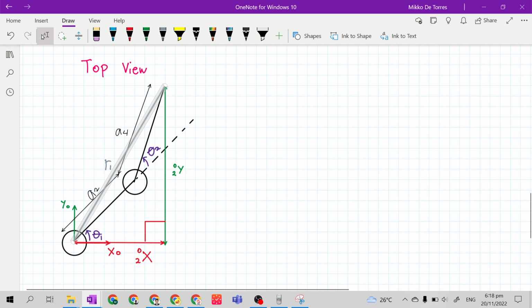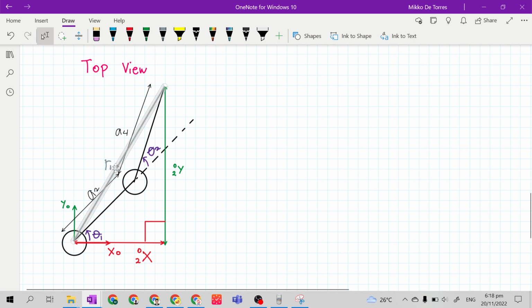Why do we need to solve for the hypotenuse? Because as you can see, we also created a triangle here, a triangle with no equal parts. This one, this, and this. A2 and A4 are given. This is A2, this is A4, this is R1.